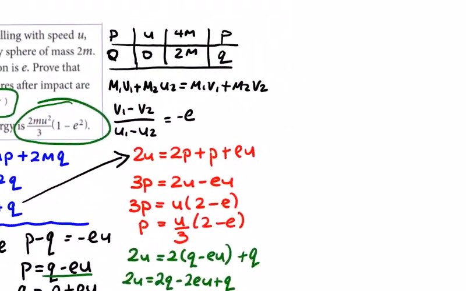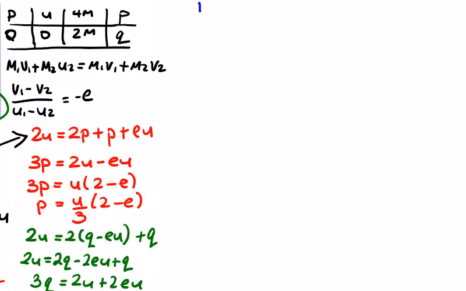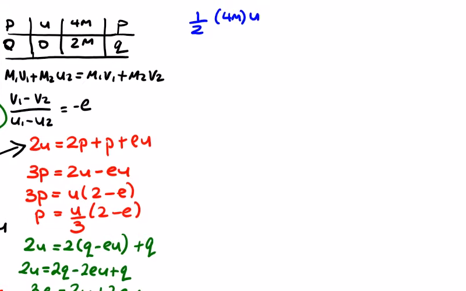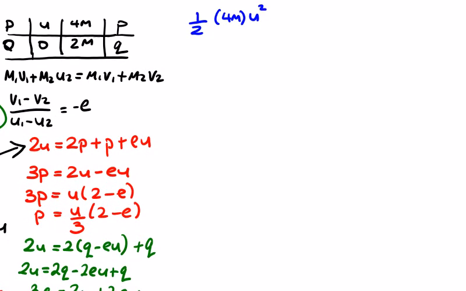Before is, well, we can do it up here. Half mu squared, a half m, which is 4m, by u squared, so that's just 2mu squared. That's what's happening before.